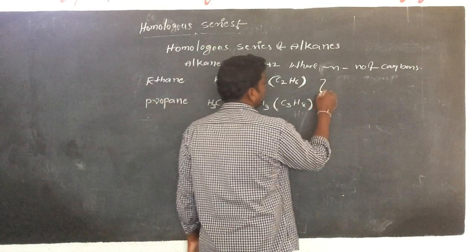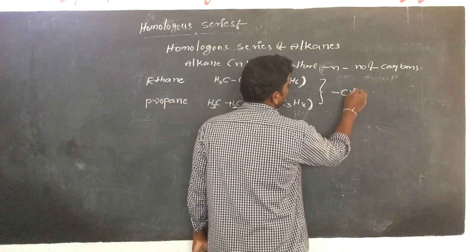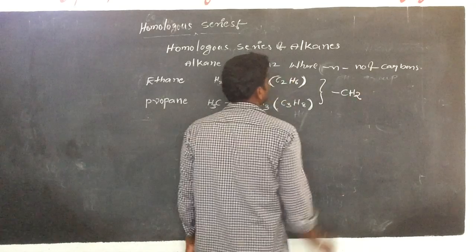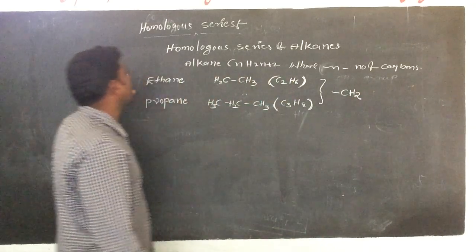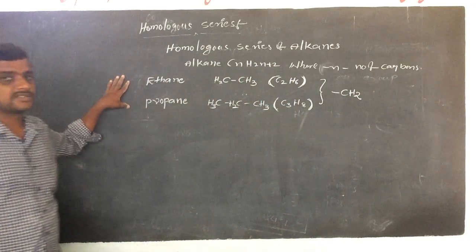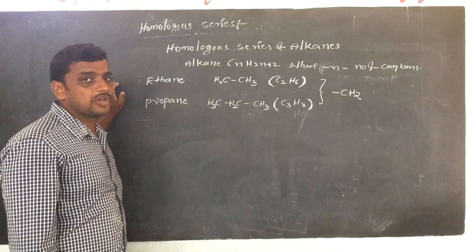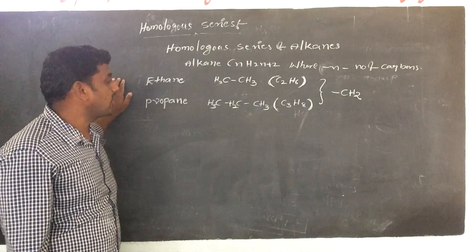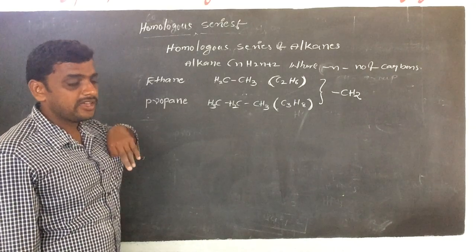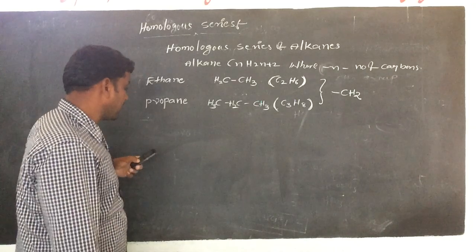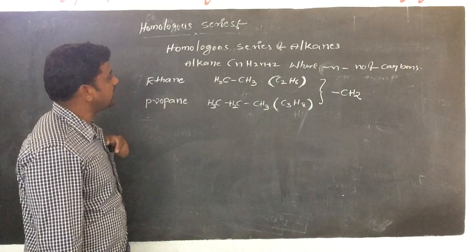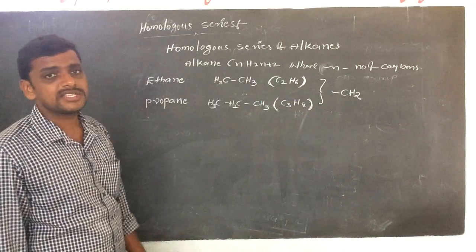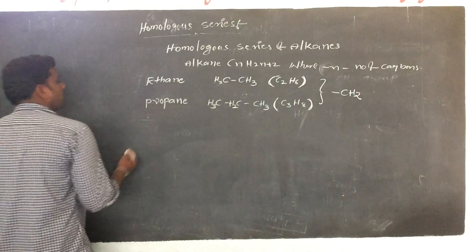So these two differ by a CH2 group, and belong to a homologous series. Have you understood the point? What is a homologous series? The series of compounds in which two successive compounds differ by a CH2 functional group is called a homologous series. We take butane.